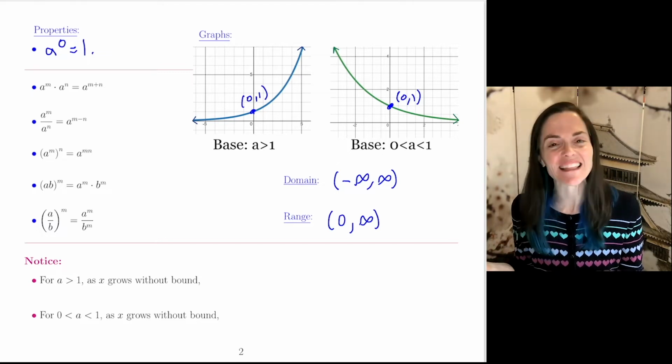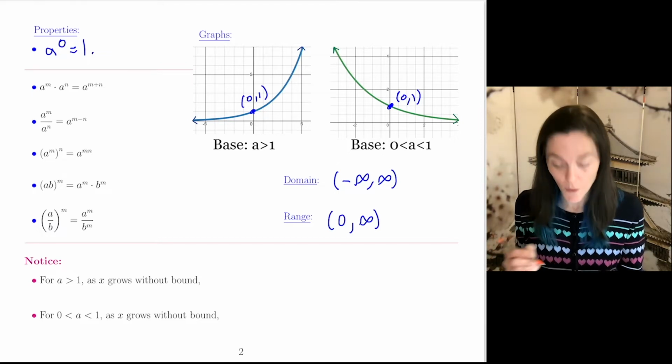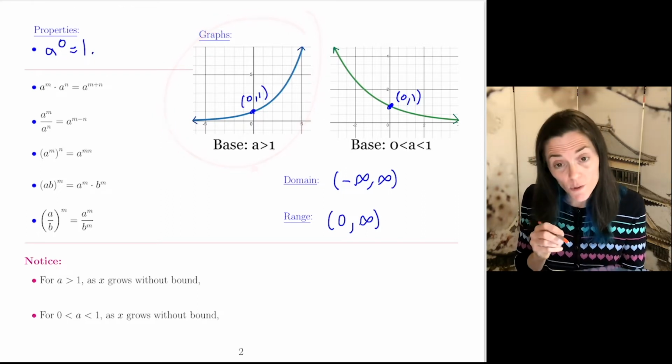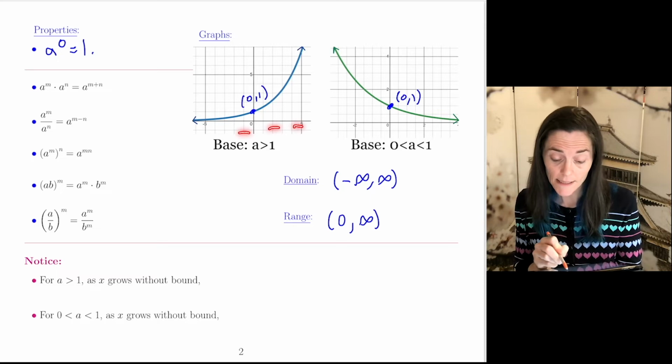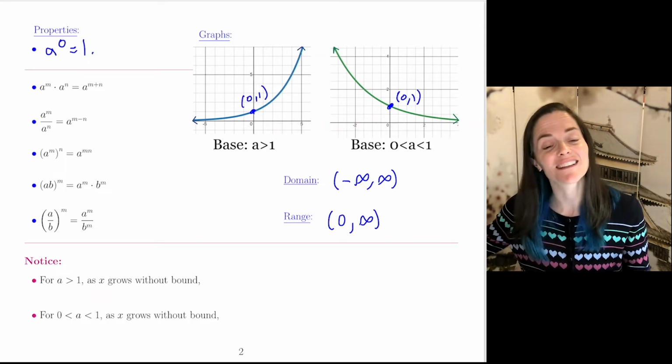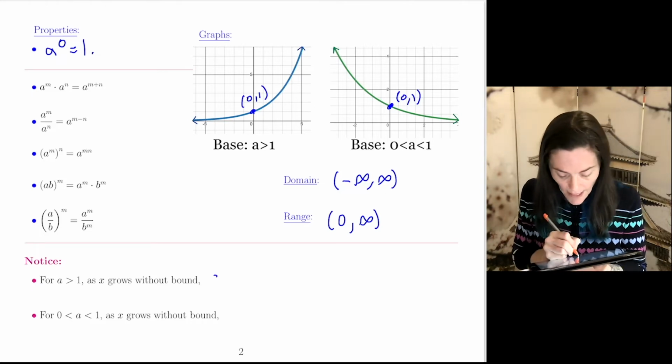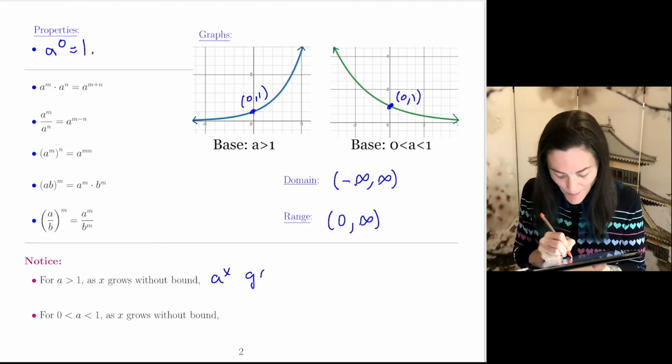And another important thing to notice, for a base bigger than 1, which is a basic shape like this, as x grows without bound, that means x is getting larger and larger and larger, well, you see the function, a to the x, also grows without bound.